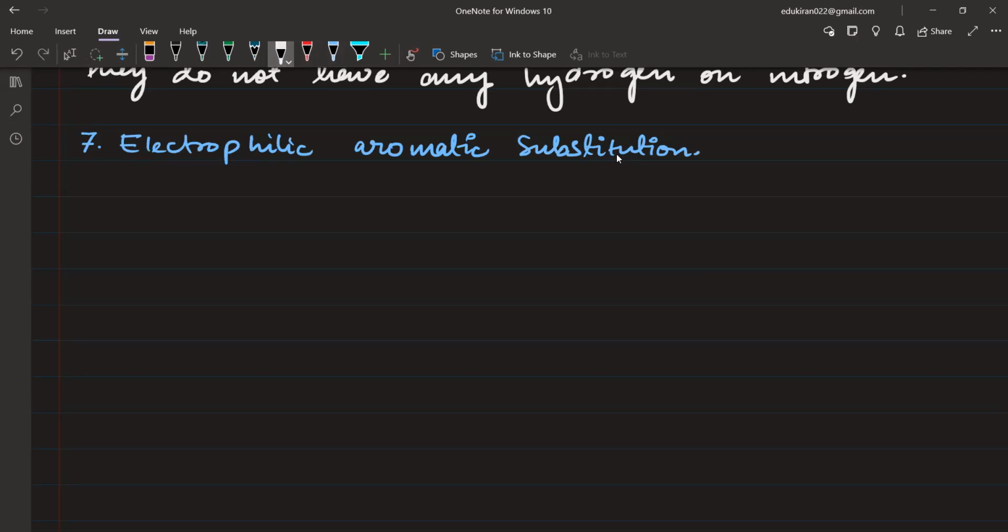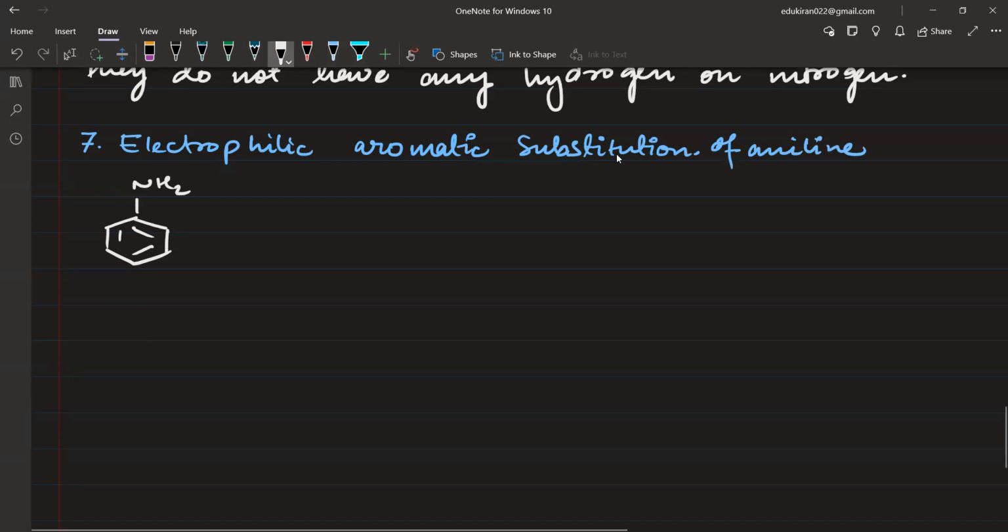In electrophilic aromatic substitution, first of all, NH2 group is an electron donating group. How is it an electron donating group? Please see. So, electrophilic aromatic substitution of aniline.